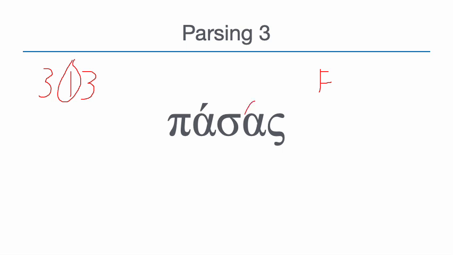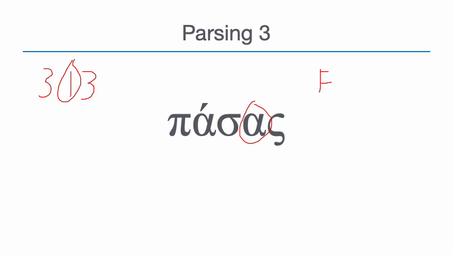So we've got the alpha, and you recall that the alpha is only going to be in the plural when the last letter of the stem prior to the stem vowel is going to be epsilon, iota, rho. And with adjectives, it can also be the case. Maybe you have other vowels as well. But with this one in particular, it's going to be pasas in the feminine.